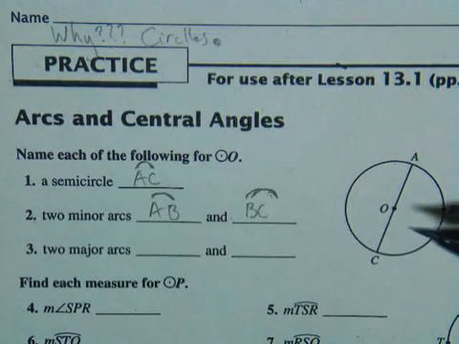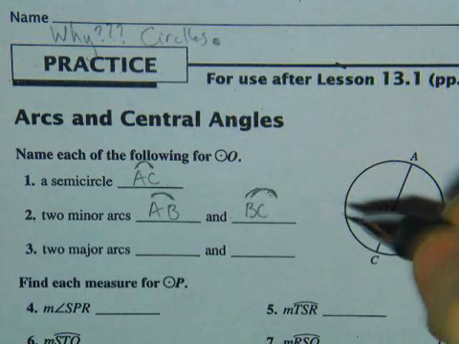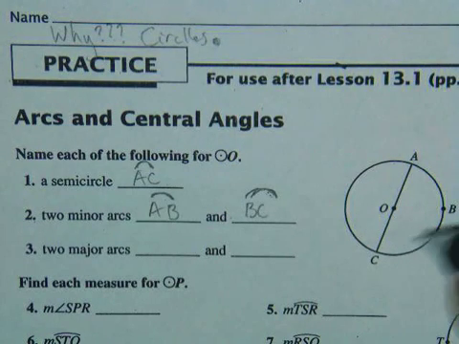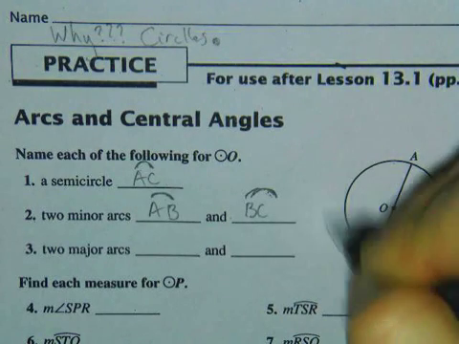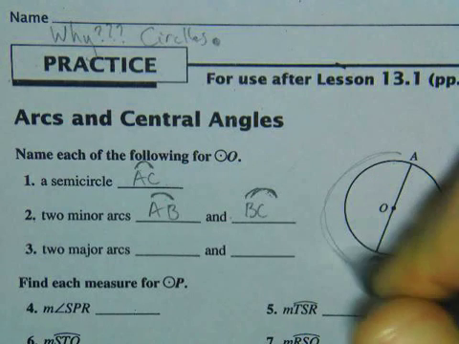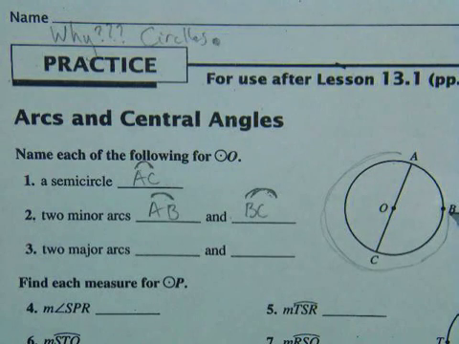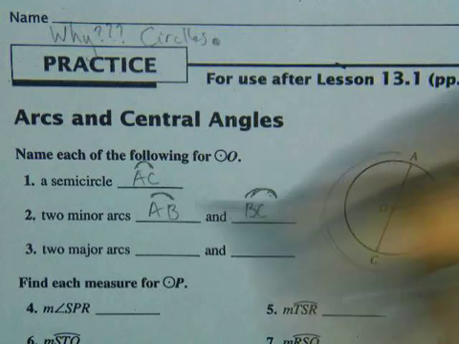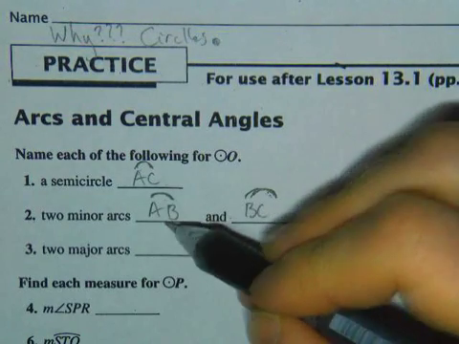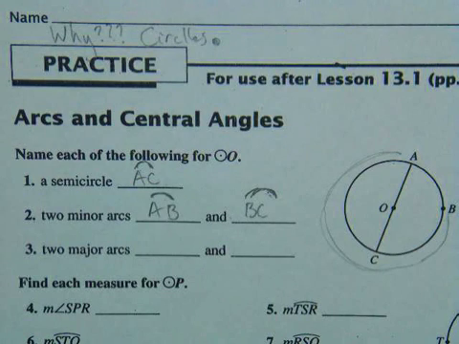Alright, a major arc is greater than 180. If I'm thinking about this major arc, I might be prone to call it just B to A. However, that's the same as we have here, and it represents a minor arc. So how do we get around that? Well, we just use three letters, and it shows our path.